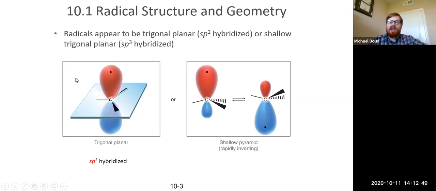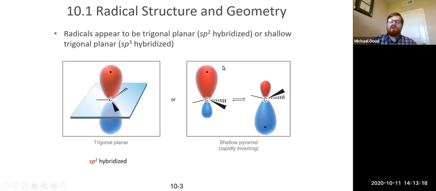So radicals that have pi overlap with a neighboring pi bond, like let's say they're in an allylic or a benzylic position, those radicals are going to be in unhybridized p orbitals. Now that's not all the time, and a lot of times we'll see sp3 hybridized radicals. For these sp3 hybridized radicals, there's only sp3 orbitals available, so the lone electron has to reside in the sp3 orbital.